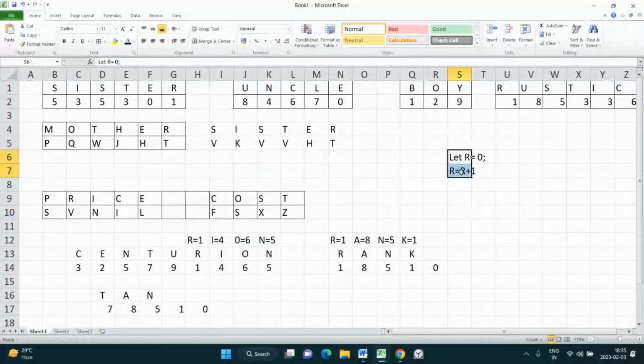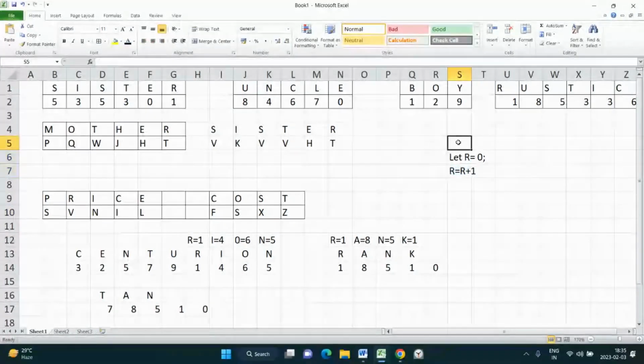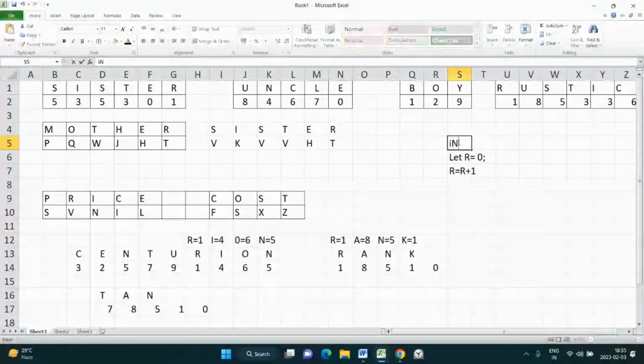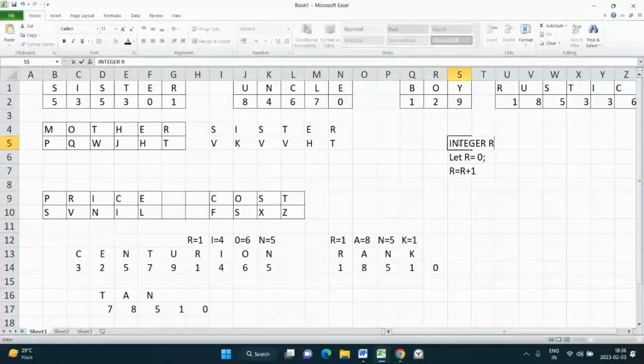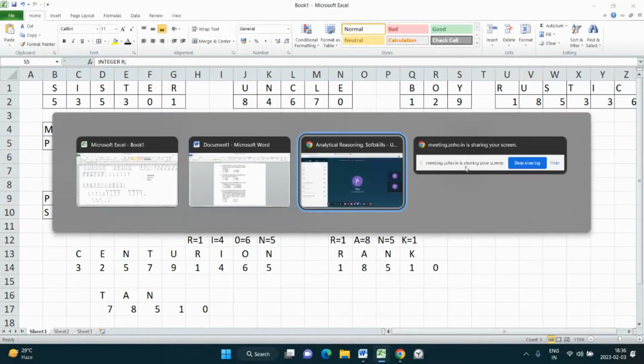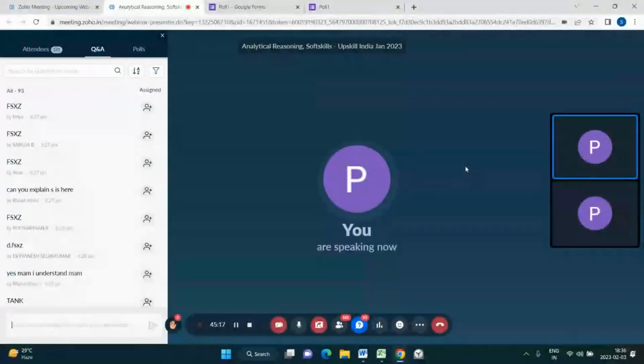Let R is equal to 0, integer, it is an integer, sorry. How many of you have seen this? If you have seen such code, give a thumbs up. Seeing only few hands, right?